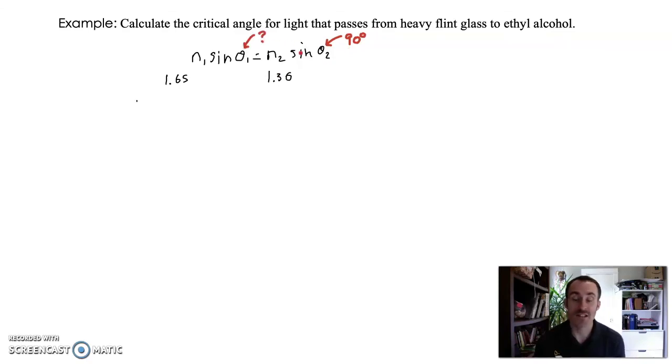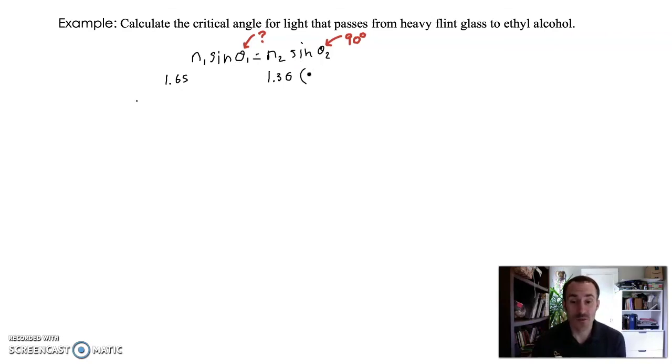What is the angle of incidence that causes a 90-degree angle of refraction? Whenever you're asked to calculate the critical angle, it's always asking you for the angle of incidence when the angle of refraction is 90 degrees. And this is usually pretty simple to do because the sine of 90 degrees is just 1.